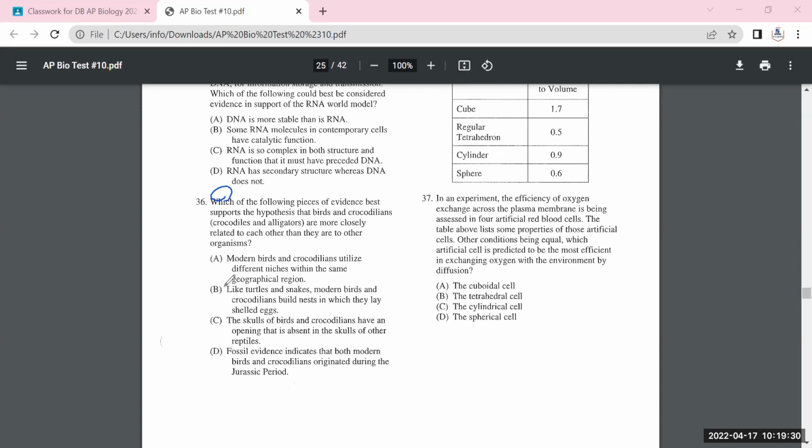Different niches, no. Probably C. It says skulls of birds and crocodiles have an opening that is absent in the skulls of other reptiles, so that shows those two have some sort of shared ancestry. A change occurred just for their clade.